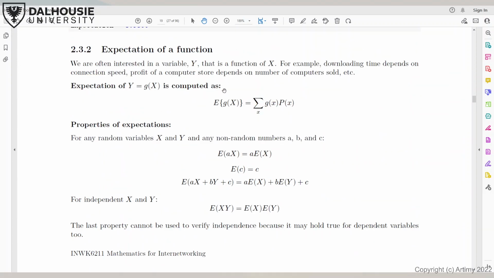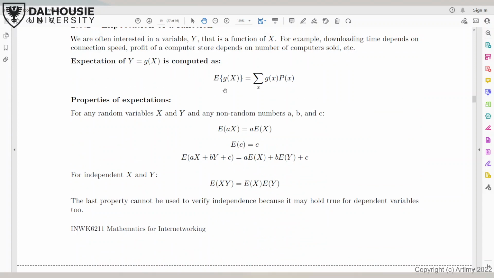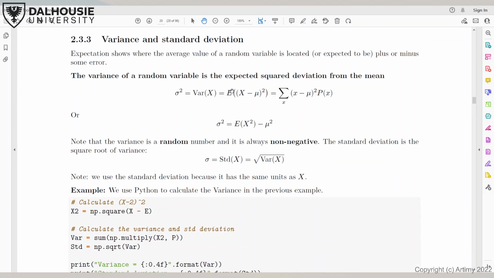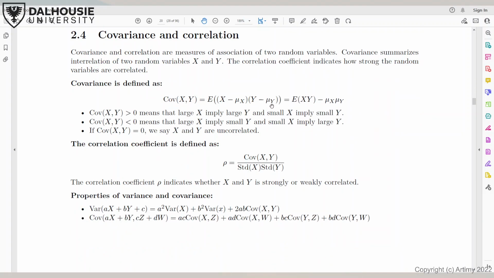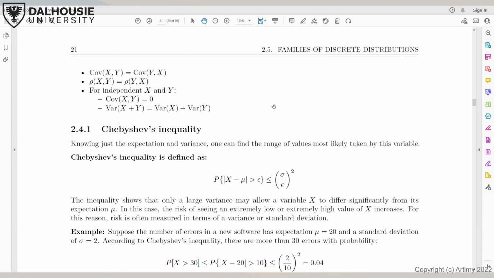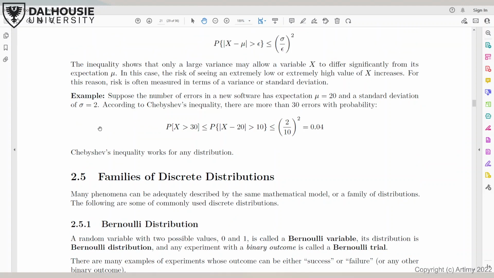We also looked at the expectation or average, variance, covariance, correlation, and standard deviation. And finally, we talked about the Chebyshev inequality. I will stop here.